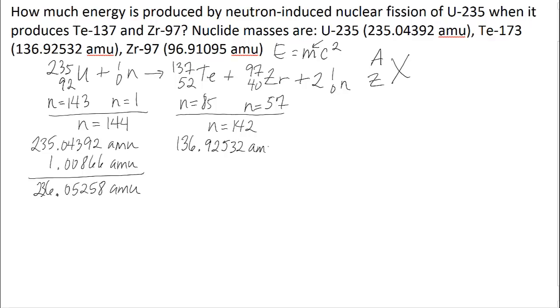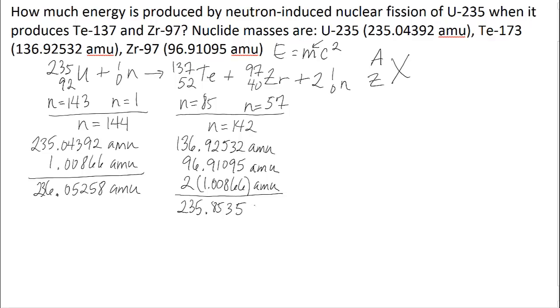And then the mass of your products, you have the mass for tellurium-137 being 136.92532. The mass of zirconium is 96.91095, and then you have 2 neutrons on that side, so it's 2 times 1.00866. You add all of those together, you'll get 235.85359.